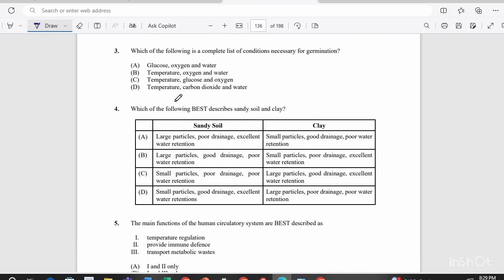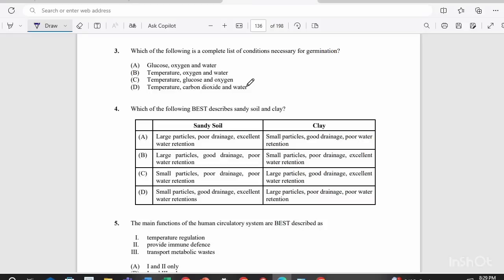Question 3. Which of the following is a complete list of conditions necessary for germination? Is it A, glucose, oxygen, and water, B, temperature, oxygen, and water, C, temperature, glucose, and oxygen, or D, temperature, carbon dioxide, and water?